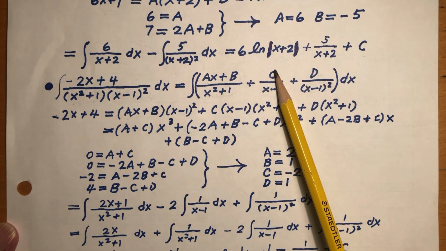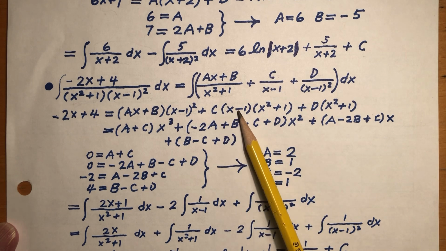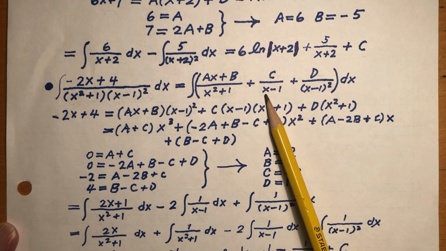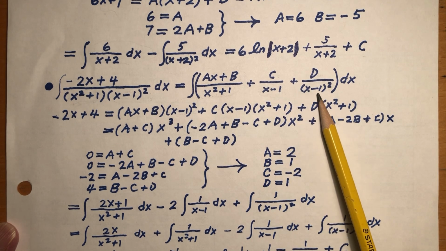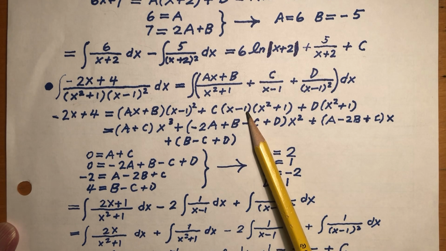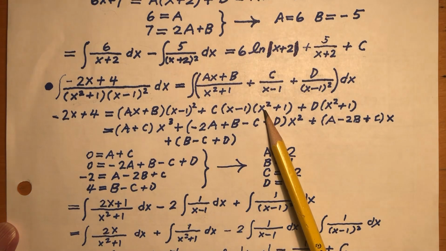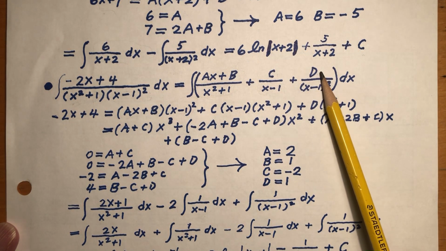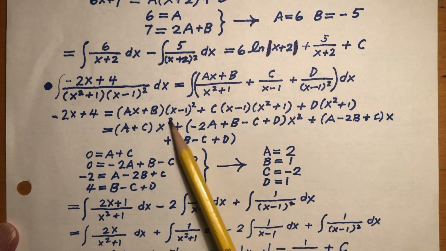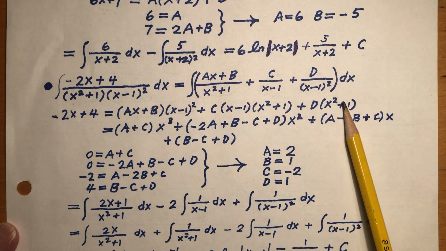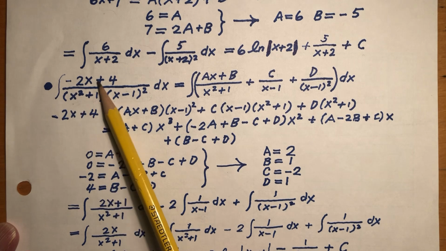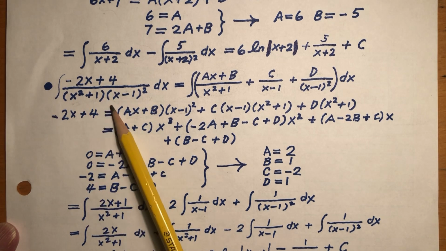For this part, the numerator becomes x minus 1 because you only have power 1, but the common denominator has power 2, therefore you must multiply x minus 1 and multiply this. For this part, the numerator becomes just d times this. So this is the numerator, and it must equal to the numerator here. So this is equal to that.